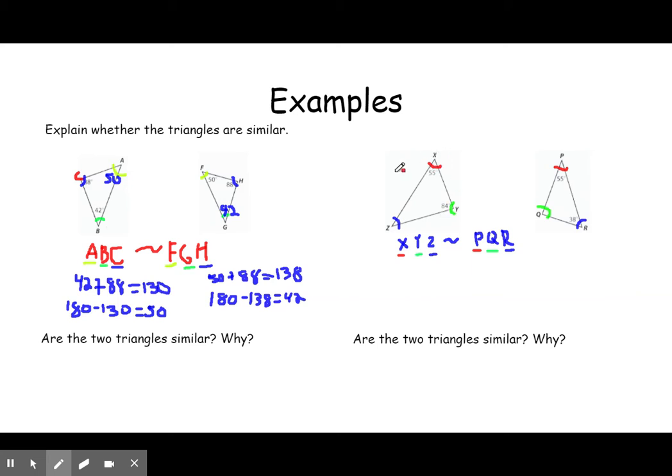So if I look at this triangle on the left, well, it gives me two of my angles. It gives me 55 and 84. So I'm going to go ahead and add those two. All right, so if I take that 55 and I add it to 84, it gives me 139. Let's make that a little better.